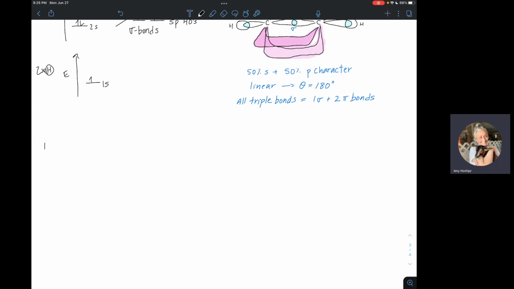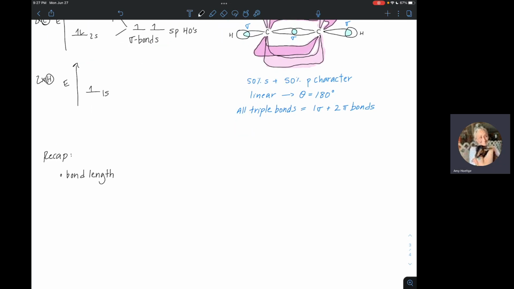So let's do just kind of a little recap for those who enjoy memorizing things. You shouldn't have to, but if that's how you prefer to do things, we're going to take our bond length, remember from Gen Chem, is directly proportionate to your bond strength.